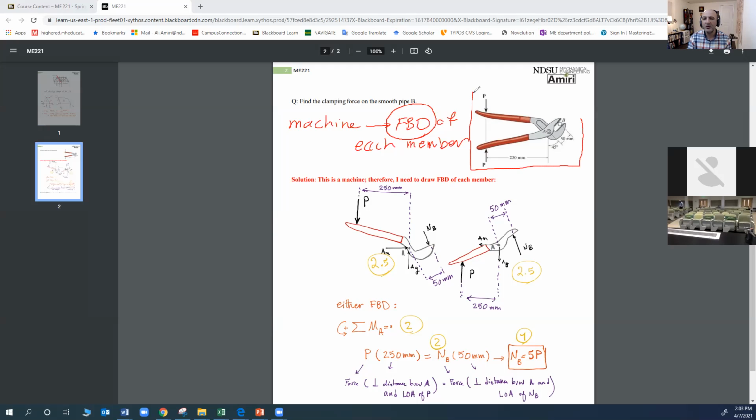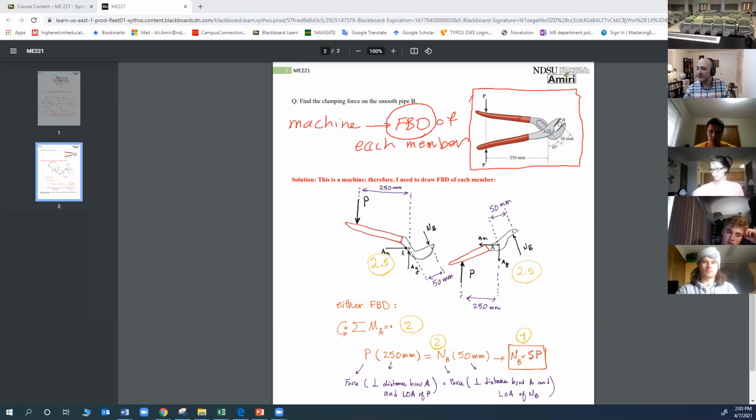Why do we have to go ahead and draw another diagram called free body diagram? Why can't we just use this figure that's given? Anybody?